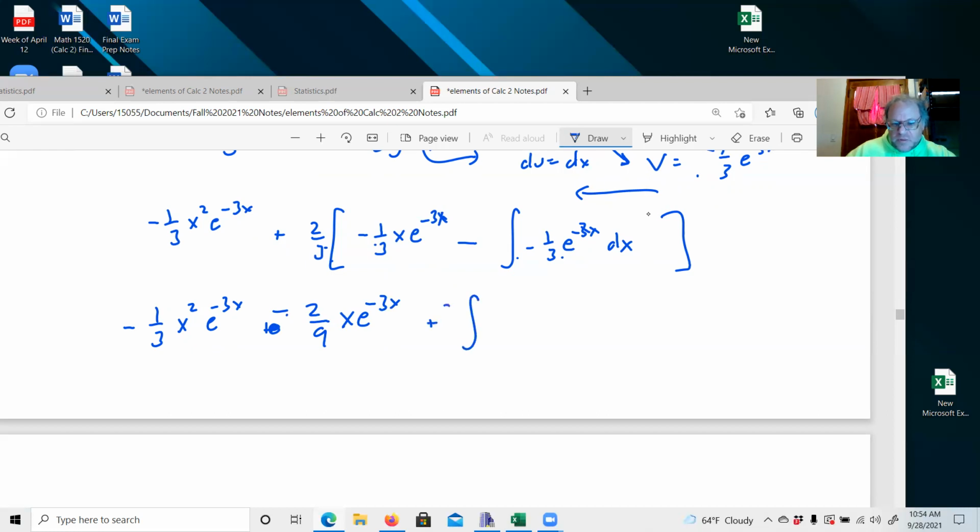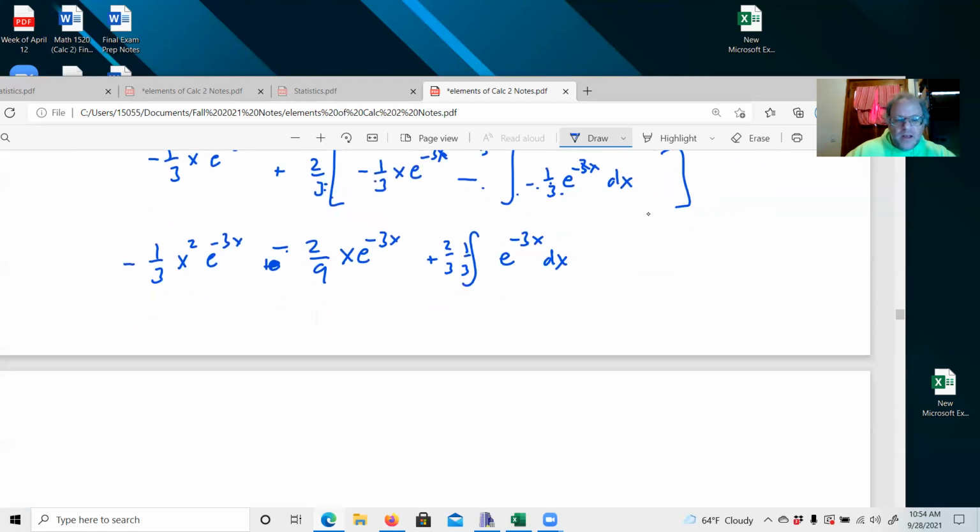We have 2/3 times 1/3, because we have to FOIL this through. Don't forget that, that's the most common mistake people make. They don't FOIL that. So it's, oh, we have a minus. No, we don't. We have a plus. 2/3, and then this 1/3 here, took care of that. This is just negative e to the negative 3x dx.